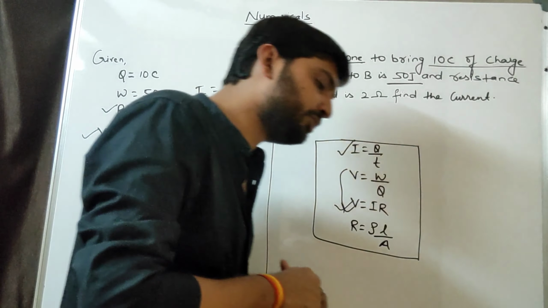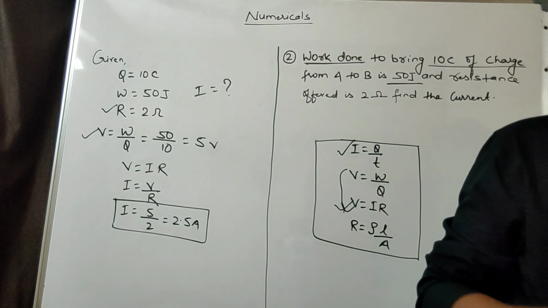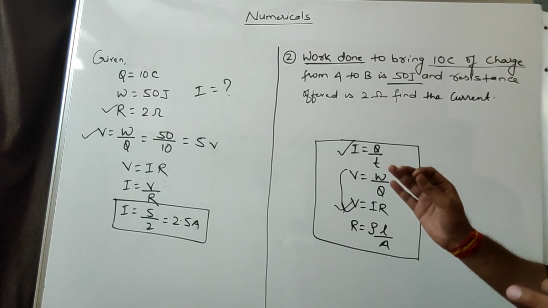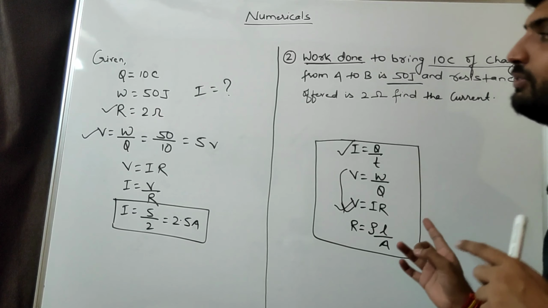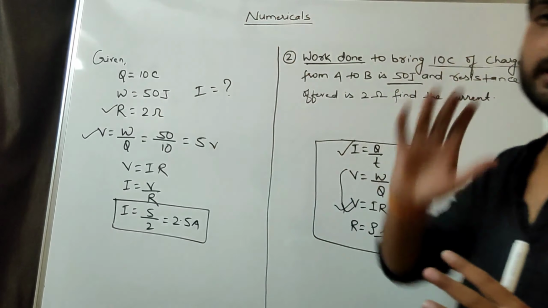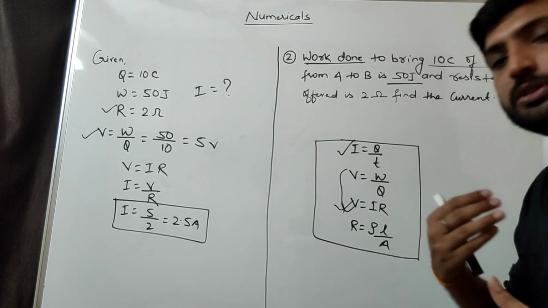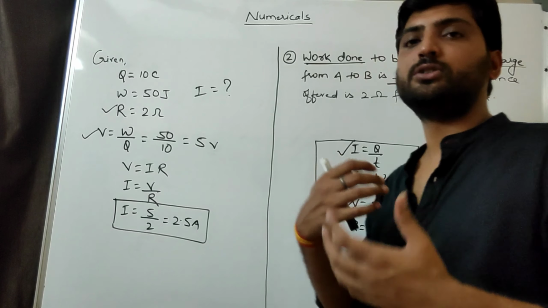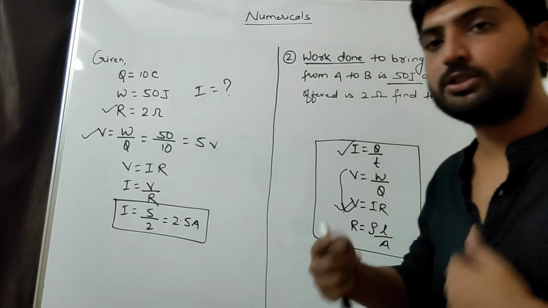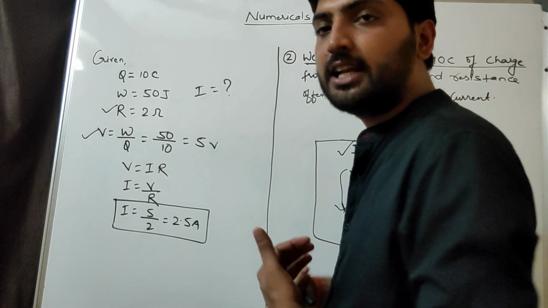What we need to do is remember all these formulas and compare the formula with your given terms. You will come to know what steps we require to reach the answer. How do I analyze this?